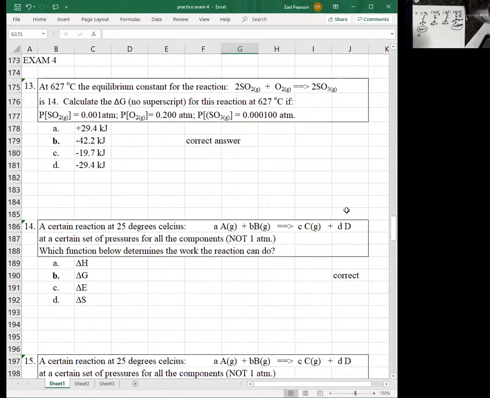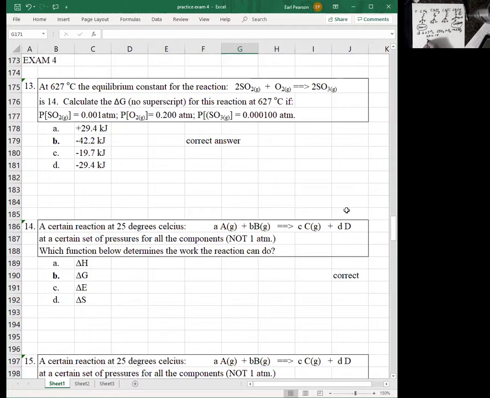At 627 degrees Celsius, the equilibrium constant for the reaction 2 SO2 plus O2 goes to 2 SO3 is Kp equal to 14.